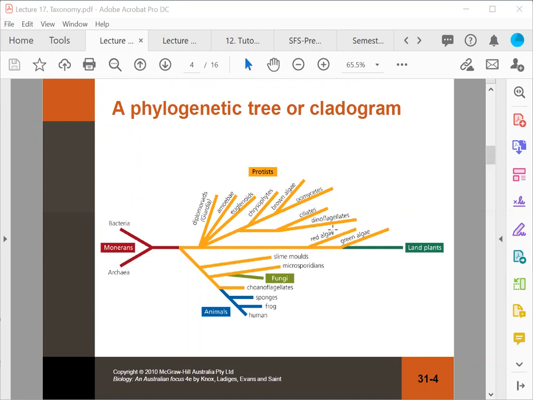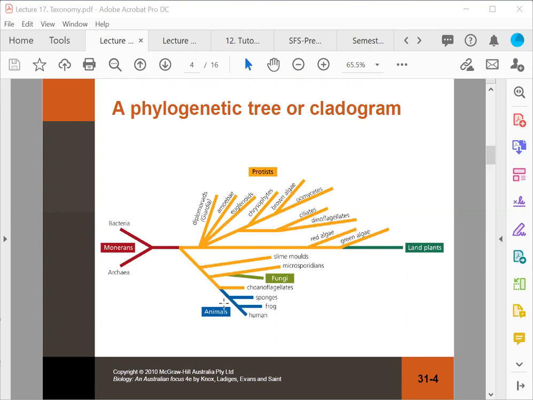And this kingdom, the protists, is really just a collection of groups of organisms that don't really fit anywhere else. So traditionally they've just been thrown into this particular kingdom.